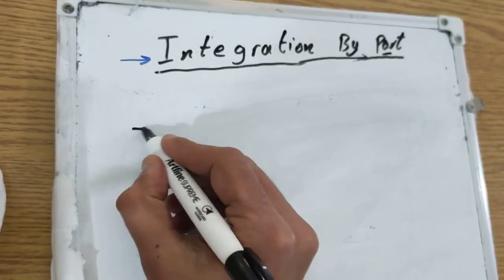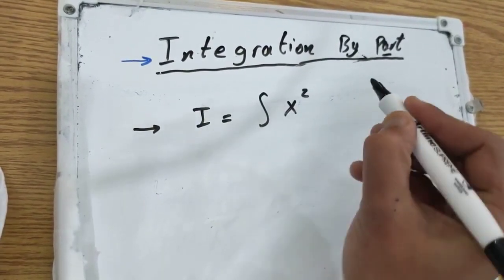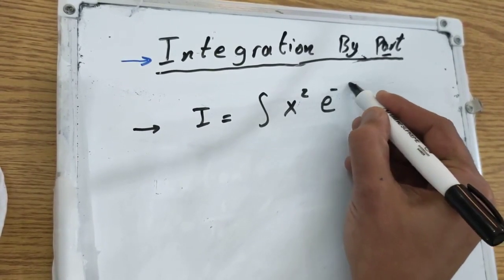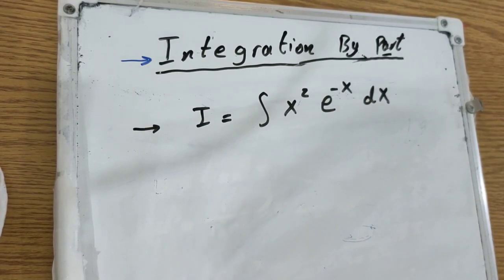Let's see another example. If we need to evaluate the integration of x power 3 times e power negative x dx. Sorry, x power 2 times e power negative x dx.